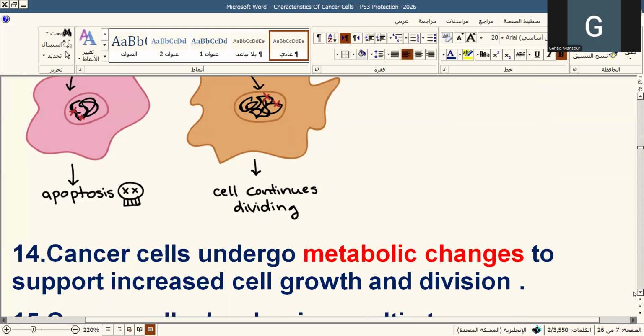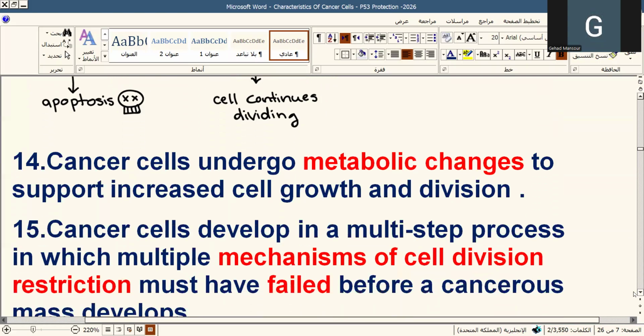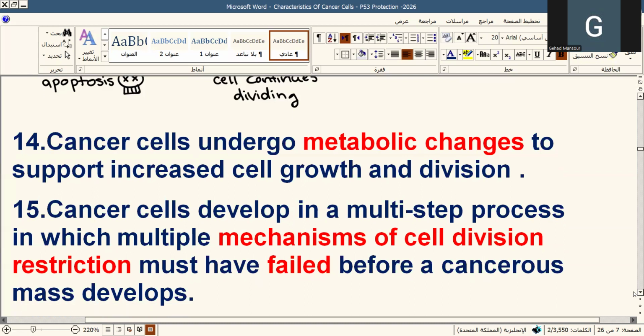The same principle applies to the metabolism of the cancer cells. Of course, if the cancer cells are all mutated, most of their genes are mutated, then the genes that control the enzymes and the proteins of the metabolic pathways are themselves mutated, and therefore the metabolic processes in the cancer cells are abnormal.